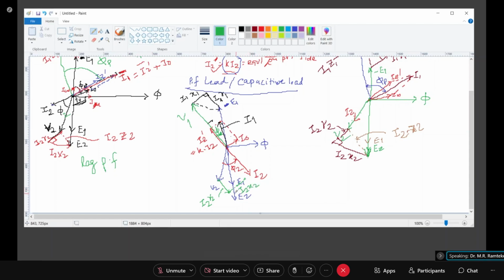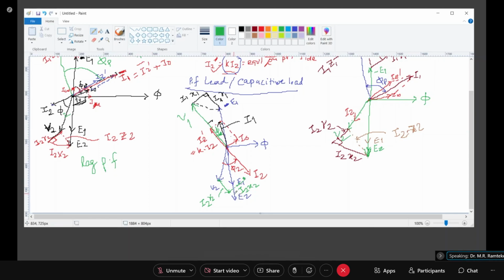Okay, now I'll just tell you. So this is there, and when I add them, this drop to this V2, I'll be getting E2.